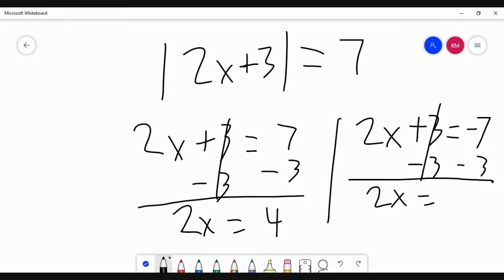Negative 7 minus 3, that gives me a negative 10. Divide both sides by 2.